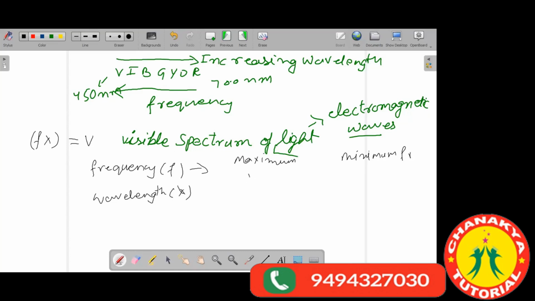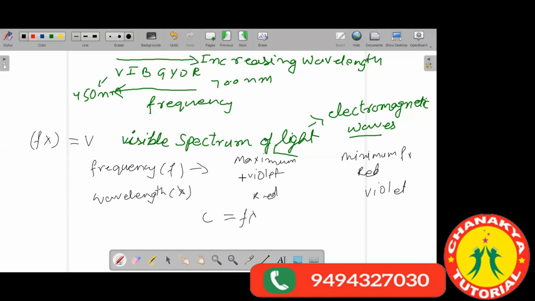So maximum frequency is violet, minimum frequency is red, maximum wavelength is red, and minimum wavelength is violet. So this is the only thing which we need to remember from this portion, whatever we have studied till now.